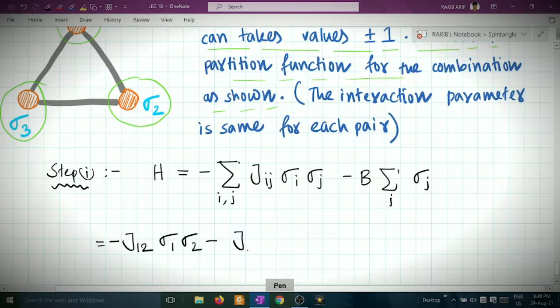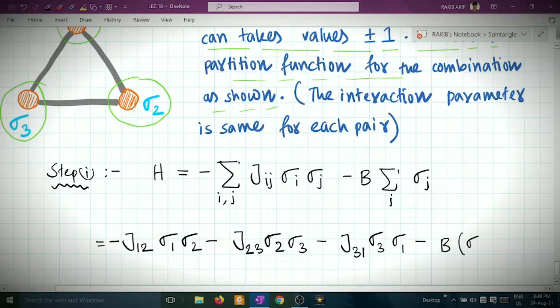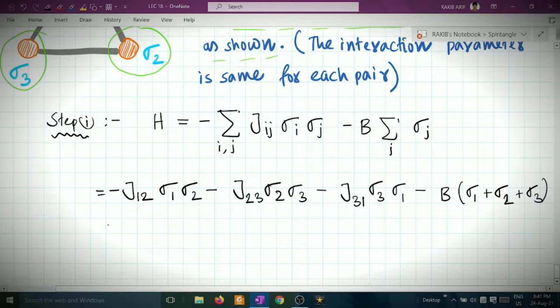For the 2-3 combination there will be minus J_23 sigma_2 sigma_3, minus J_31 sigma_3 sigma_1, minus b times the sum of the spins sigma_1, sigma_2, sigma_3.